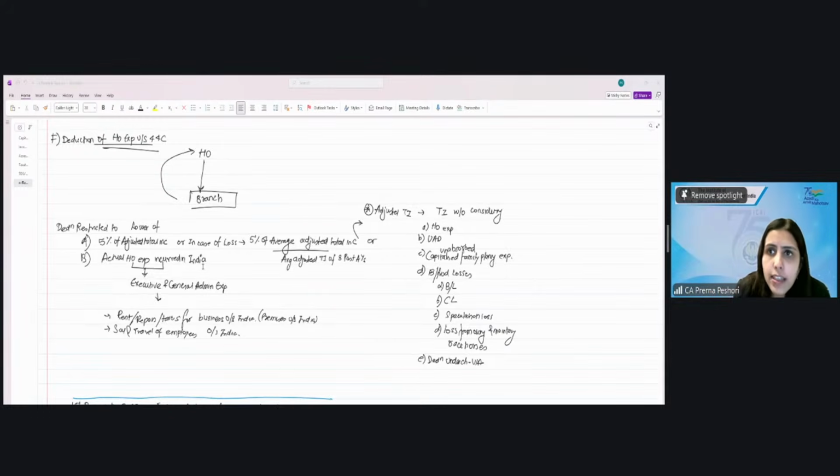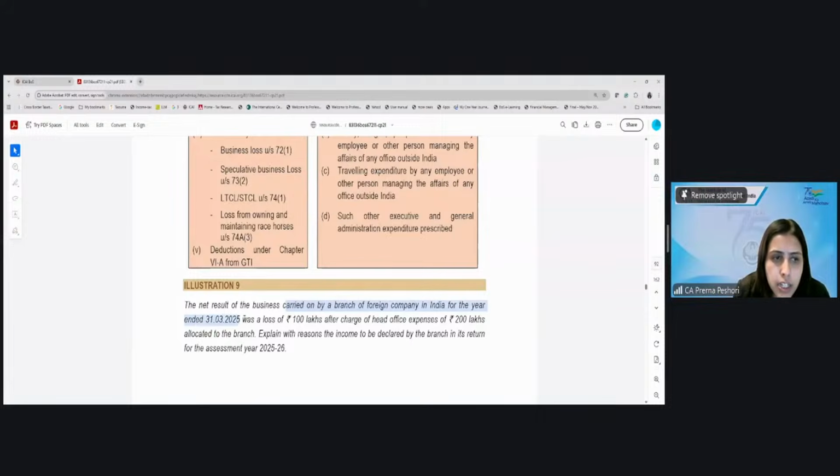So let us look again at the question from the module in this regard. The net result of the business carried on by a branch of a foreign company for the year ended 31st March 2025 was a loss of 100 lakhs, after the charge of HO expenses of 200 lakhs allocated to the branch. Explain with the reasons the income to be declared by the branch in its return for AY 25-26.